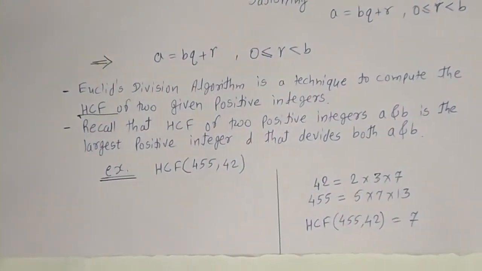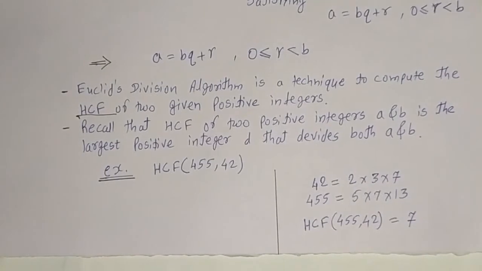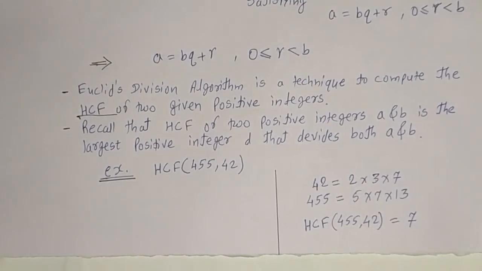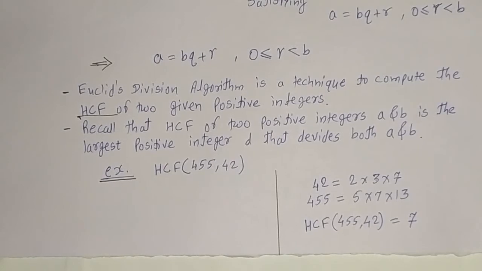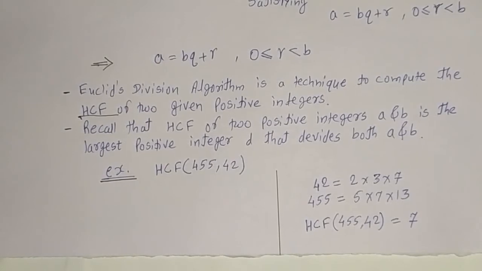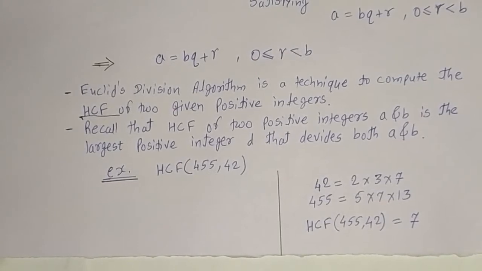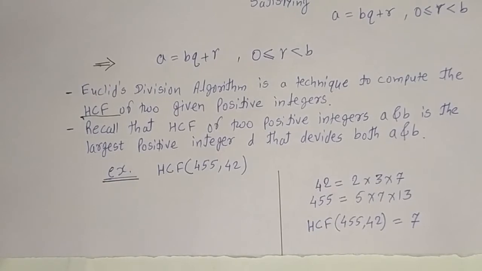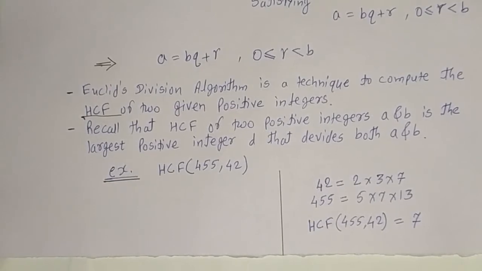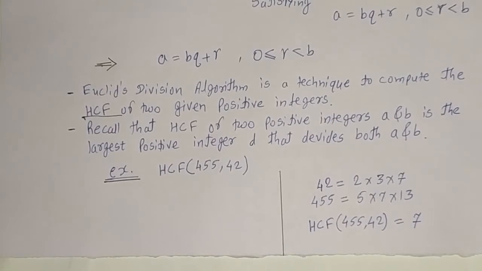In this example, what is important is how to decide the values of A, B and Q. It is very important to focus on this concept, because if you take the wrong values of A and B, then you might not get the correct answer. So first focus on the theorem, how to apply this theorem.